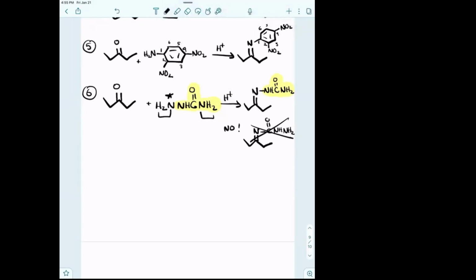Also, I've seen her do this on the exam. You see how the NH2 in this example is on the right side of the C double bond O, and this one's to the left side. She will flip it. Or she can do this, watch. She can do H2N, C double bond O, NH, NH2. See how she flipped it?